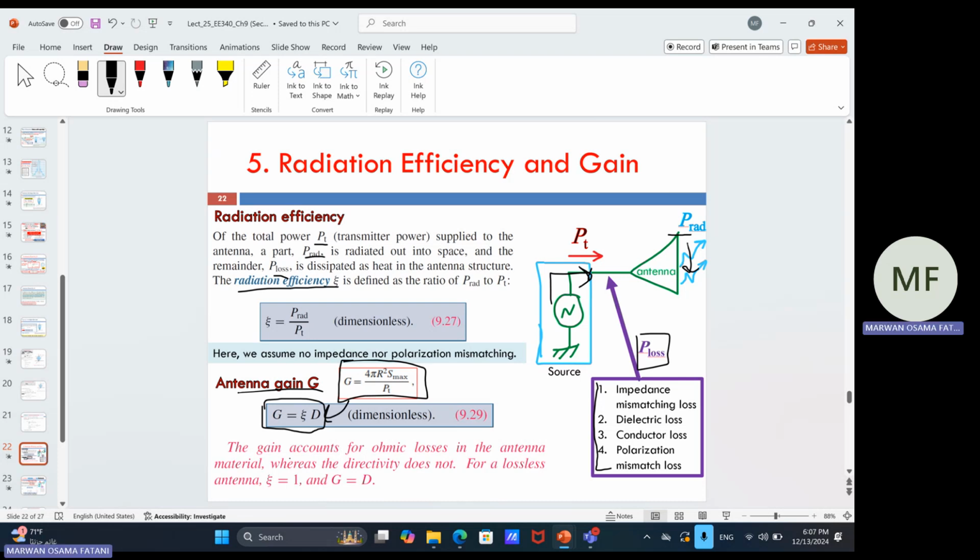Now, a very important difference between gain and directivity is that the gain accounts for ohmic losses in the antenna material, and the directivity doesn't. So for a lossless antenna, our radiation efficiency is going to be equal to 1, obviously, and our gain is going to be equal to the directivity.